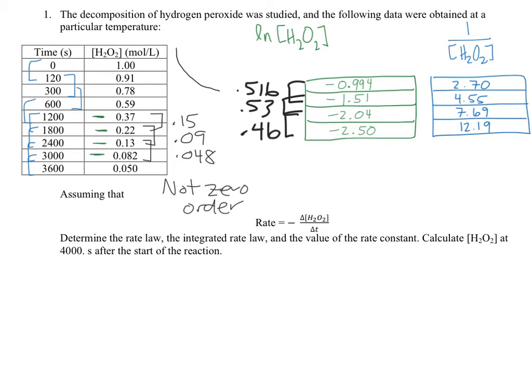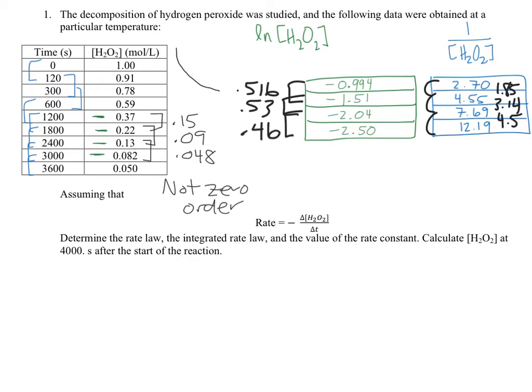After taking the 1 over concentration of each of our interesting data pieces, we can also see that the change between these sets of data is not consistent. In the first chunk, we have a 1.85 difference, then we have a 3.14 difference, and then we have a 4.5 difference.